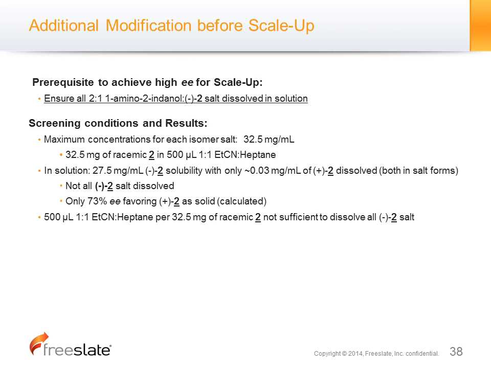So let's study our screening condition a little bit more to see what we actually get. The maximum concentration for each isomer salt is about 32.5 mg per ml. And in solution, we get about 27.5 mg per ml -2 salt solubility.